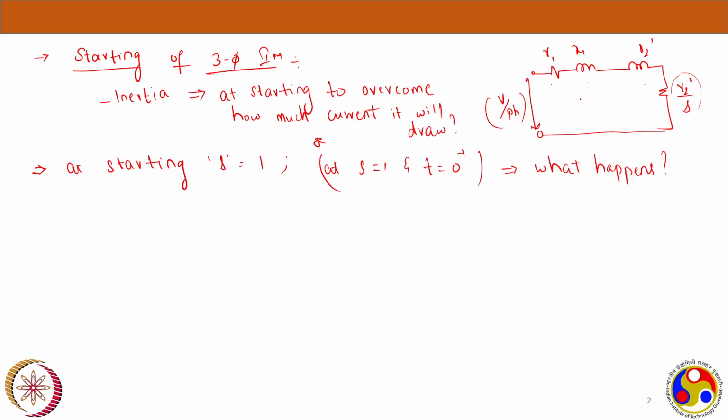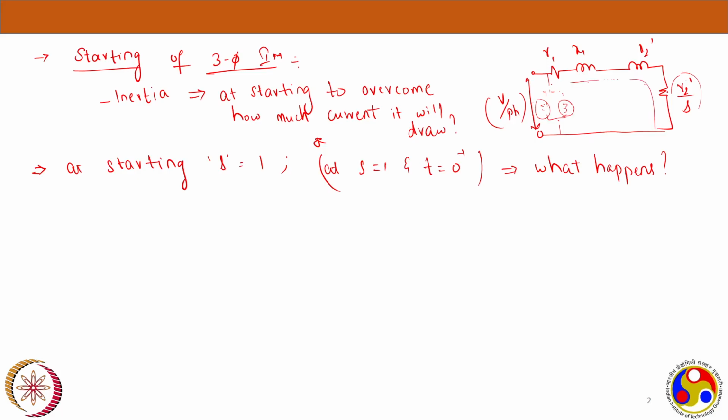So there will be some parallel branch as we discussed last week, with a resistance and a reactance. This is the core loss component, this is the magnetizing reactance, and this is the parallel branch in parallel with all the R1, X1, X2 dash and R2 dash by S.